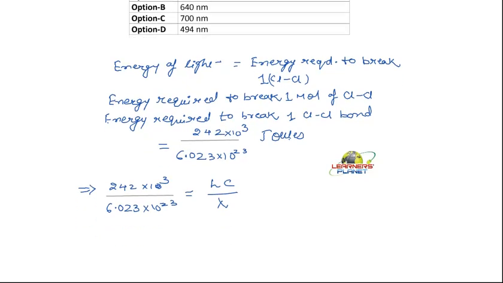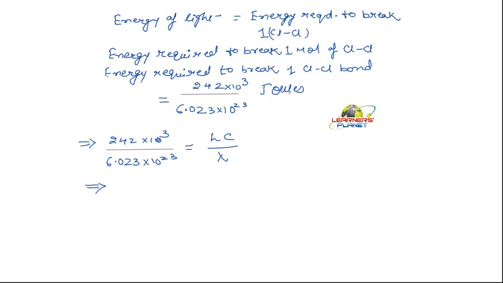So, your lambda is equal to 6.626 into 10 to the power minus 34 into the velocity of light, that is 3 into 10 to the power 8 meter per second, and that is divided by what?